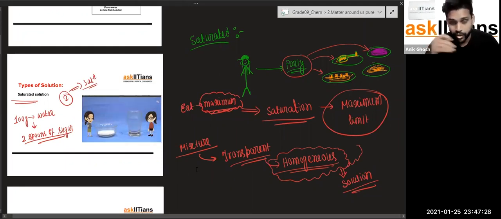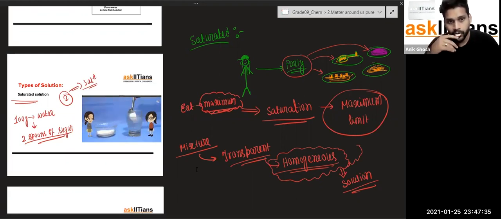It's completely dissolved, right? Now if we keep on adding more sugar, again it got completely dissolved, isn't it? Yeah, they are doing it again. This is you eating those dishes to your fullest.